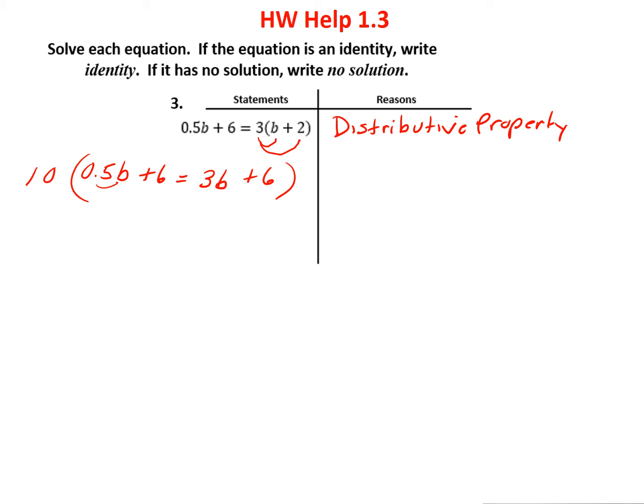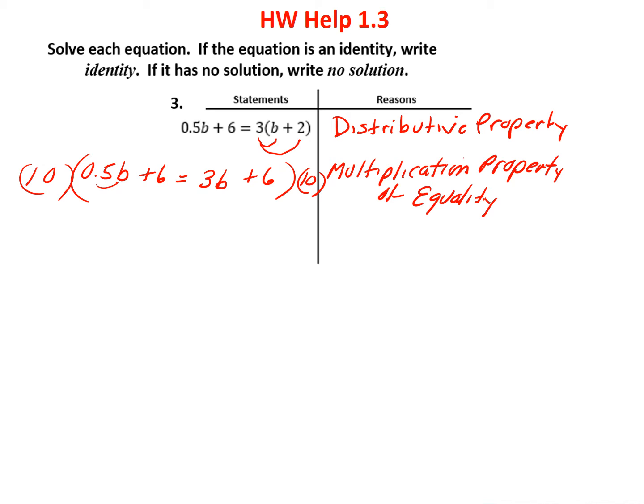So I'm going to use the multiplication property of equality. Just remember, I'm multiplying the left side by 10, I'm also multiplying the right side by 10, and you distribute it through here as well as through here.